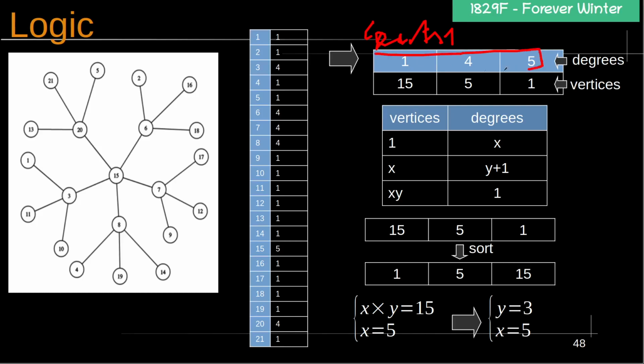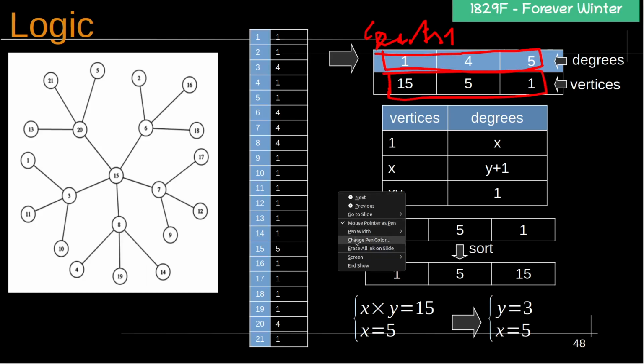The keys are the degrees, and the values are the vertices. Because this is what you have. Because we have here in the first map count how many vertices have degree 1.